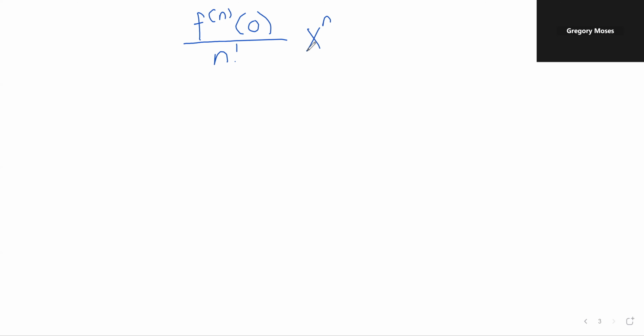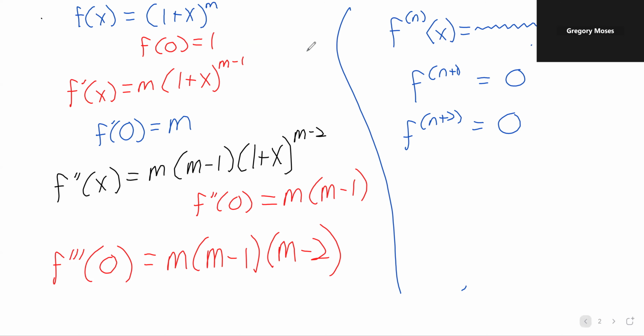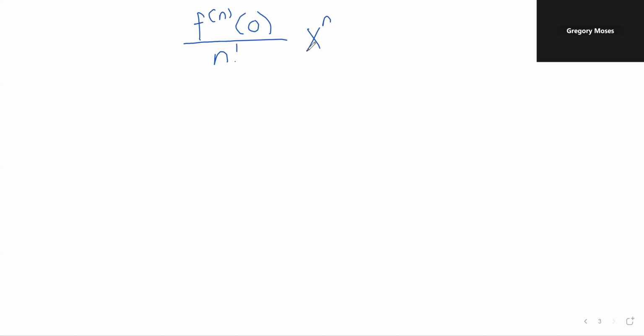And when we add these together, we get the Taylor series. And again, the Taylor series is in general infinite. But here, our terms become 0. So there are only finitely many non-zero terms.